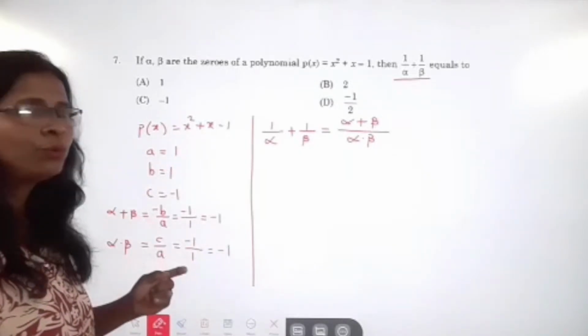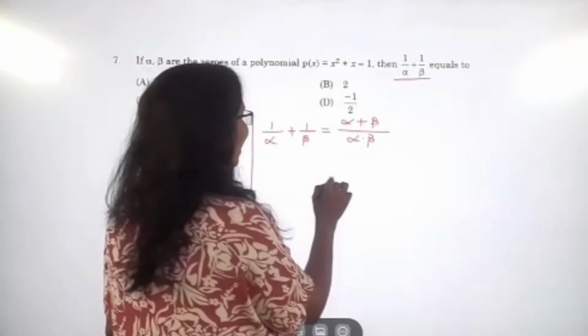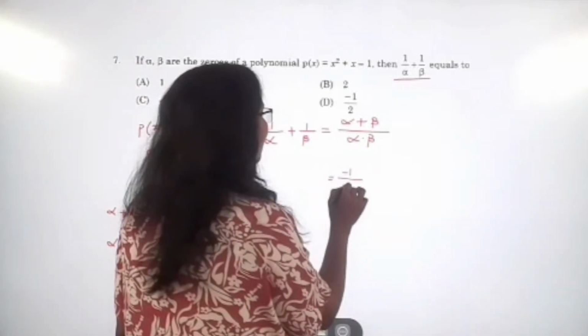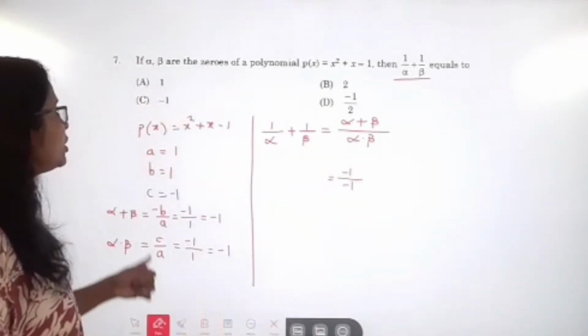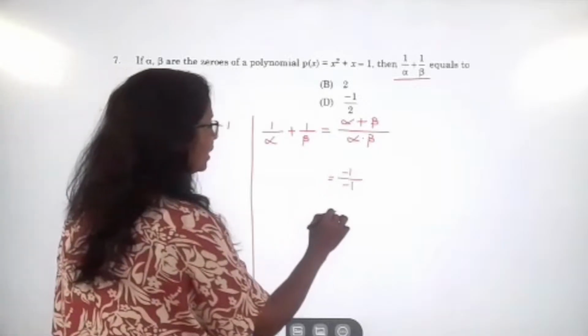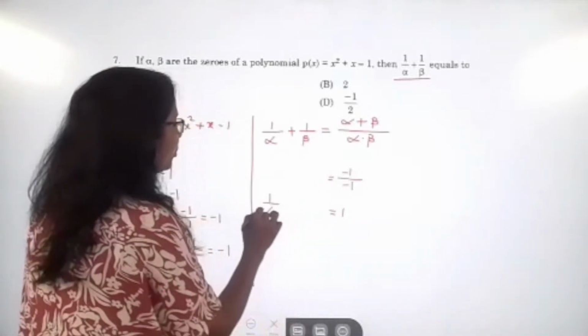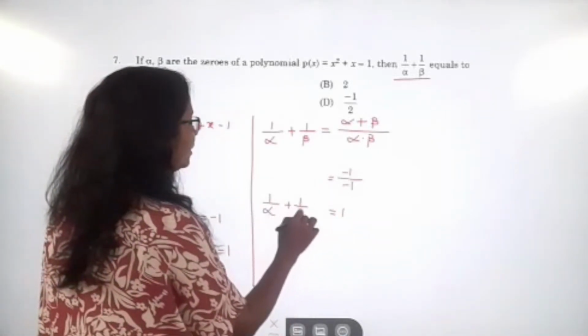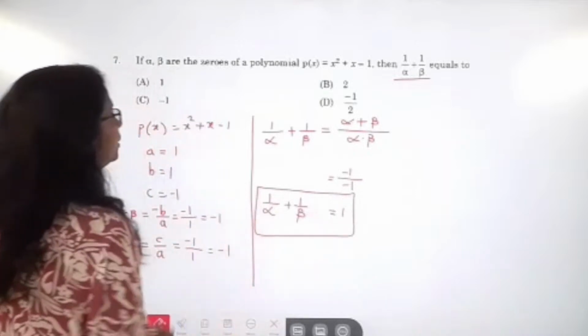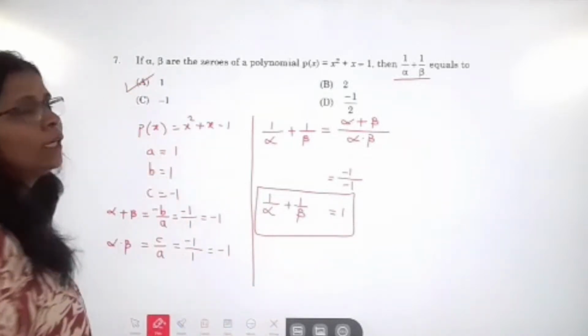So minus 1 upon minus 1, the answer is 1. So 1 upon alpha plus 1 upon beta is equal to 1. The correct option is A, 1.